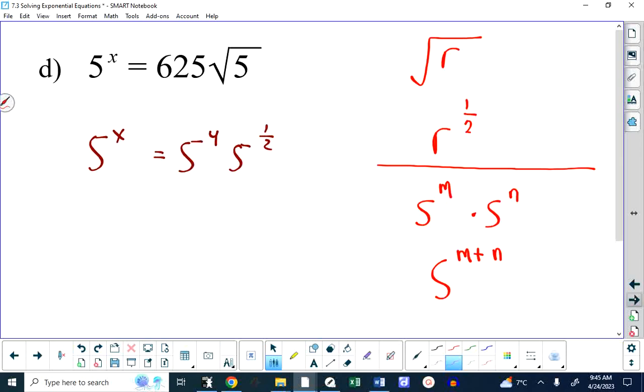There's a tendency here looking at this equation to see 5 to the 4 times 5 to the half and think 25. Because you see 5 times 5. We're not multiplying 5 times 5. We're multiplying 5 to an exponent times 5 to another exponent. So we add the exponents, and now we're pretty much done. Because then you can see that x is equal to 4 plus 1/2, or 4.5, or 9/2, however you want to write that answer.